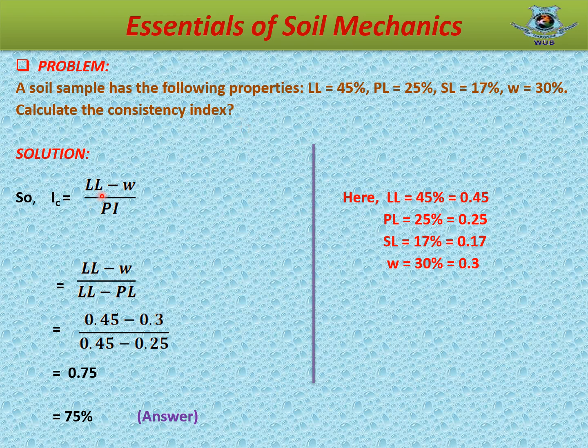Let's try to solve the question. We know consistency index IC equals liquid limit LL minus water content W divided by plasticity index PI. Here from the question it is given that liquid limit equals 45% equals 0.45, plastic limit equals 25% equals 0.25, shrinkage limit equals 17% equals 0.17, and water content equals 30% equals 0.3.